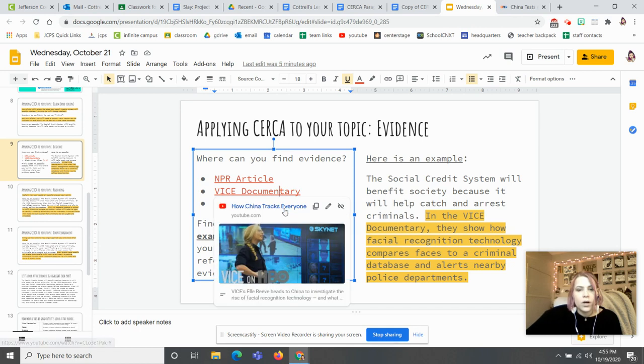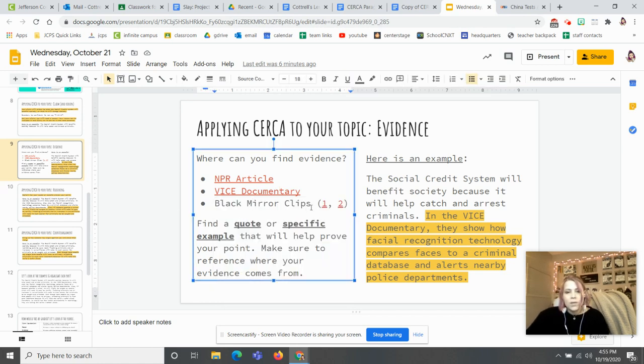Or if your evidence is from the Vice documentary that we watched, you can use a specific example. So you don't need to have a quote. You can say, in the Vice documentary, when she talked to this person, this thing happened. So just reference whatever happens in the video, that's your evidence.